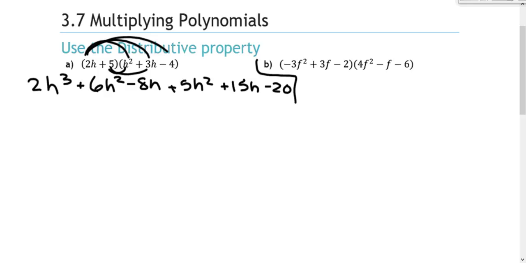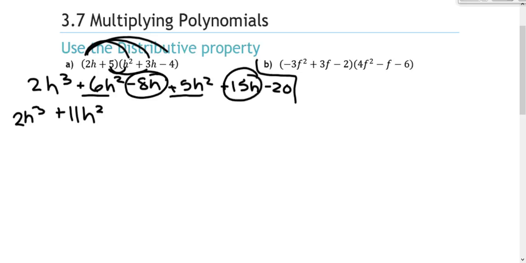So then collect like terms, 2h cubed, and we'll move a like term here and a like term here. So plus 11h squared, a minus 8h and a plus 15h gives me plus 7h, and minus 20.